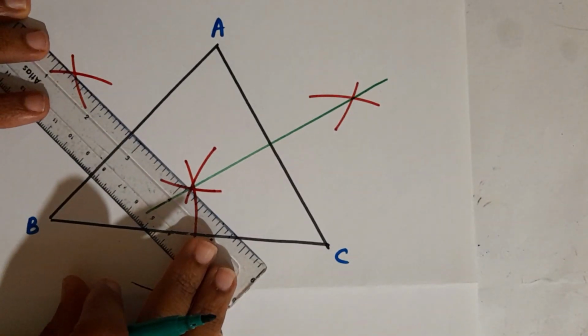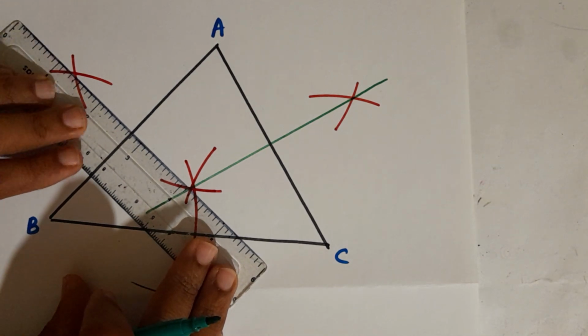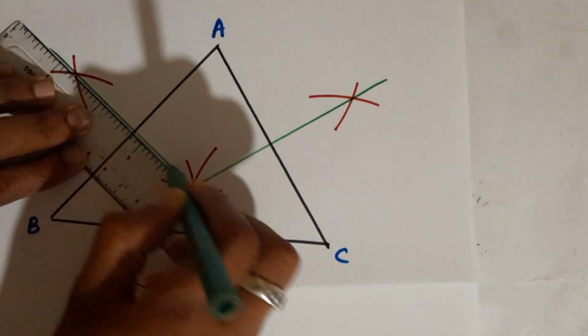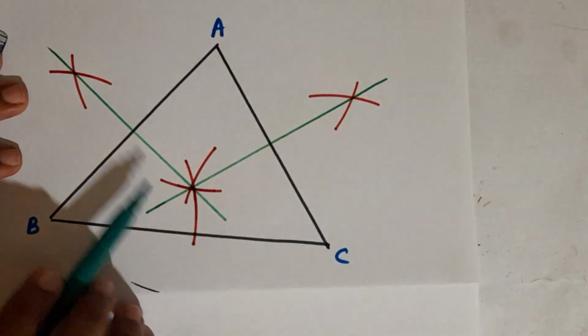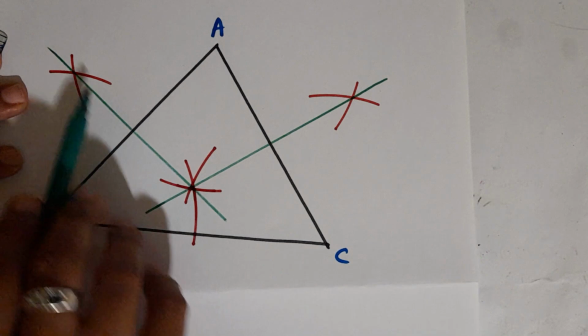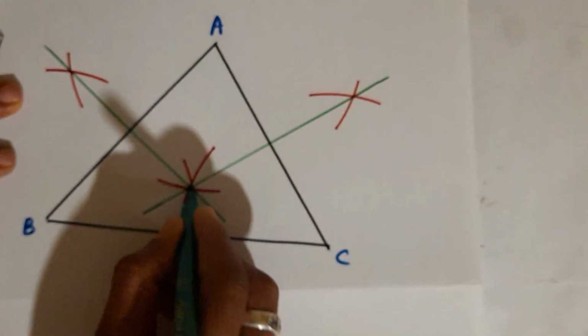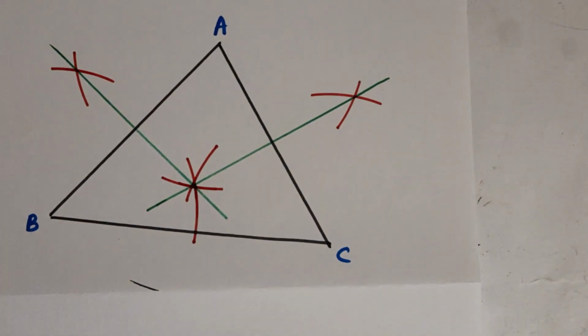Now we are joining these intersecting points. This intersecting point of the two perpendicular bisectors is the center of the circumcircle.